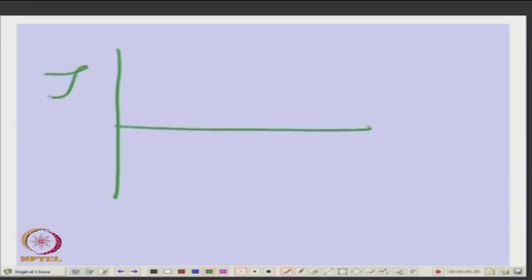What do you expect the MMF produced by the stator winding in the air gap? You excite the stator winding in the air gap. So, ideally you would expect this will also be sinusoidal in space, F max, and both of them are rotating in synchronism, etc.